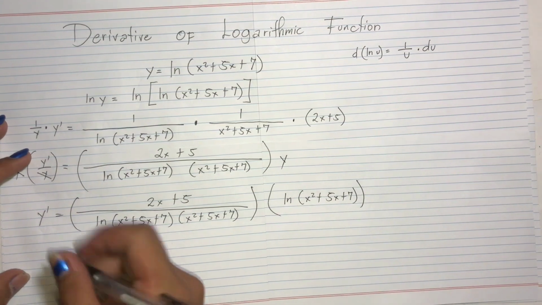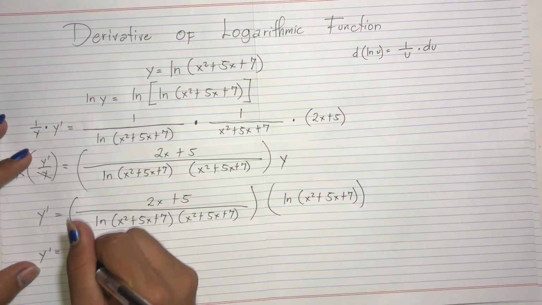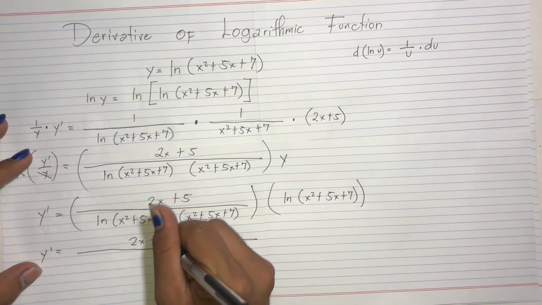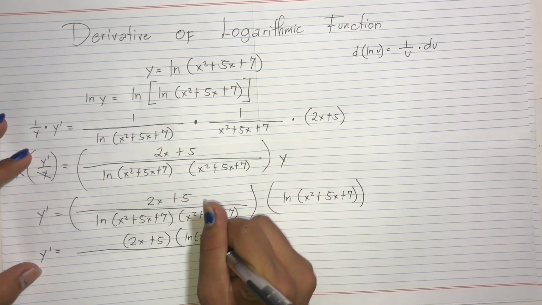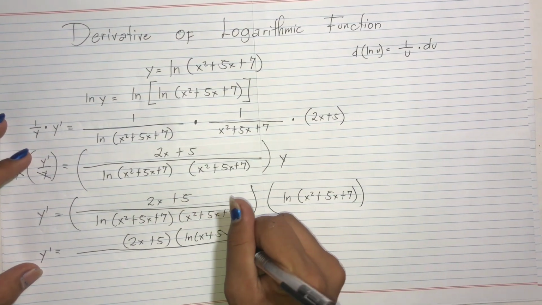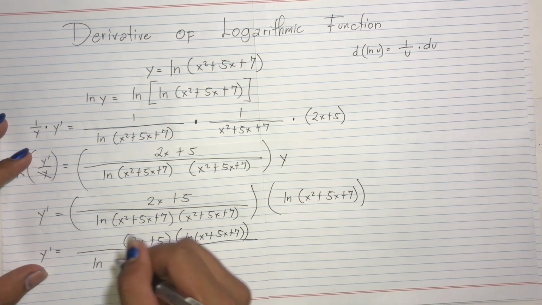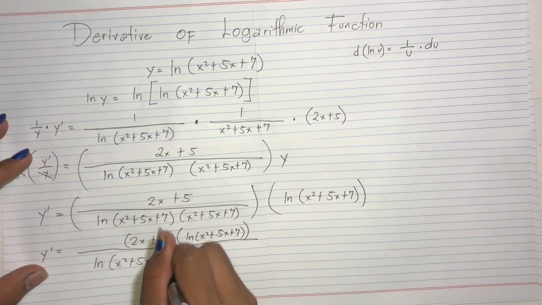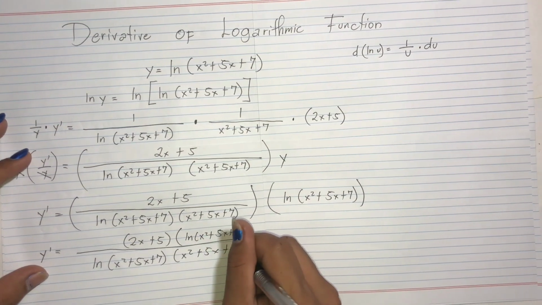Simplifying now, y prime is equal to 2x plus 5 times ln of x squared plus 5x plus 7 over ln of x squared plus 5x plus 7 times x squared plus 5x plus 7.